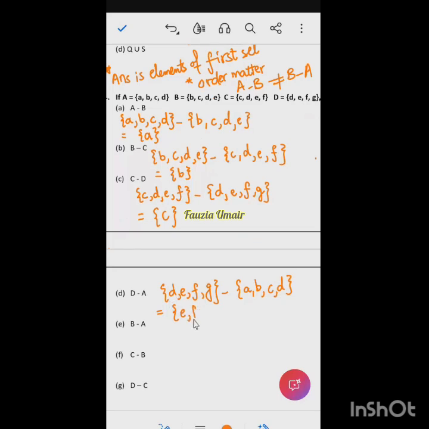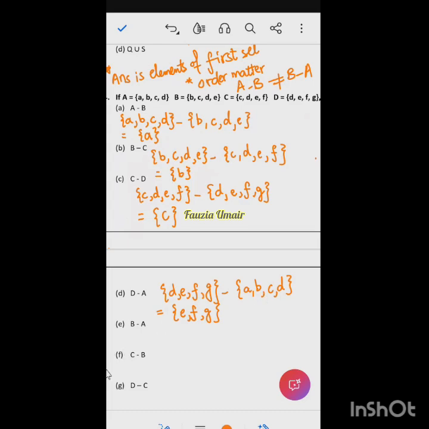E, F, G, right? So D would be gone, very good. D would be gone because it is coming in this set, so it would be stopped by this filter, you can say. The rest of the three elements will just go in the answer, and there would not be any element coming from set A because that is subtracted.